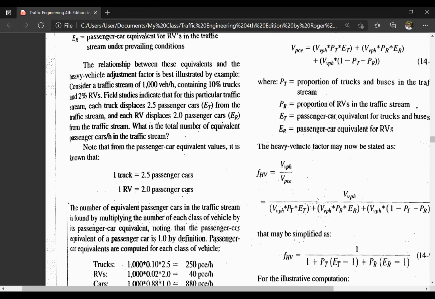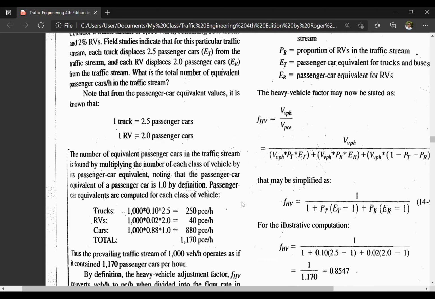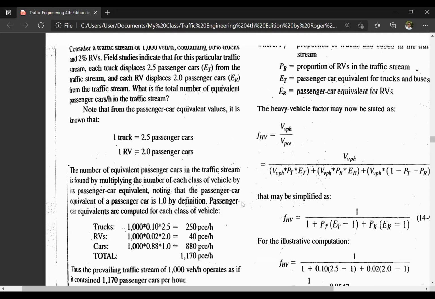What they recommend is here. From field studies in the United States, it is indicated that at a particular traffic speed, each truck displaces 2.5 passenger cars, and an RV displaces 2.0 passenger cars.